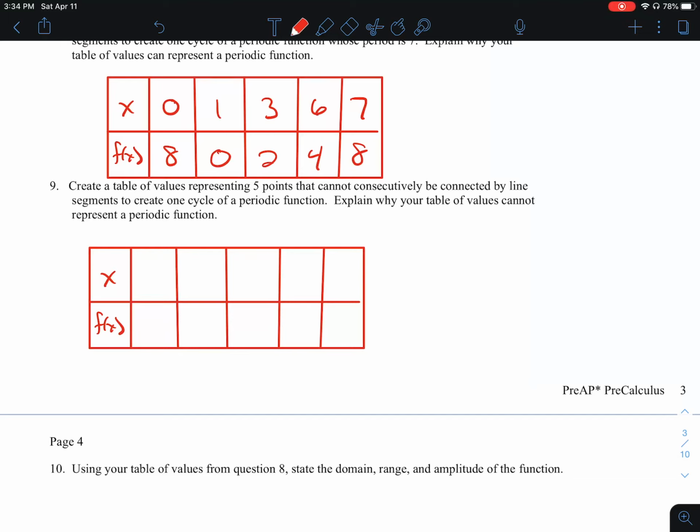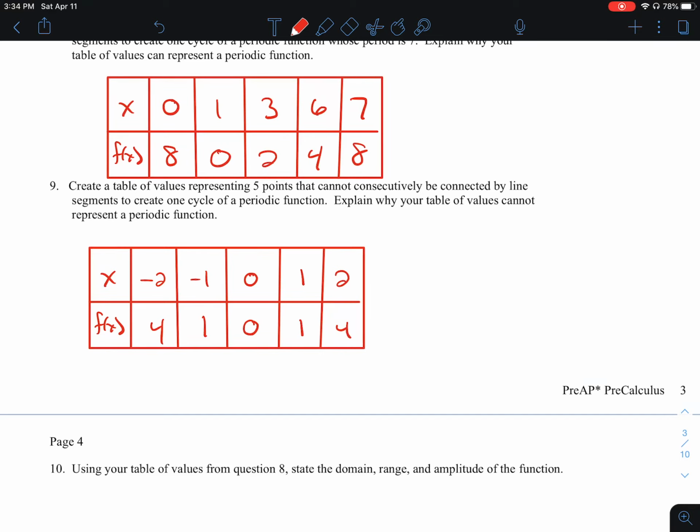What if I were to make a parabola? That is clearly not connected by line segments, and that also clearly would not be a periodic function. So for example, let's say I start here at 0, the y value is 0, 1 squared is 1, negative 1 squared is 1, 2 squared is 4, negative 2 squared is 4.